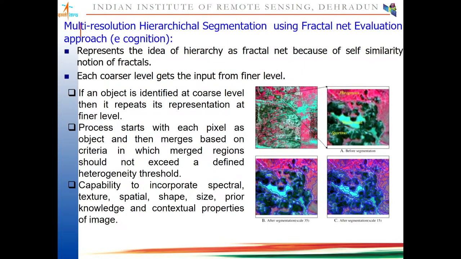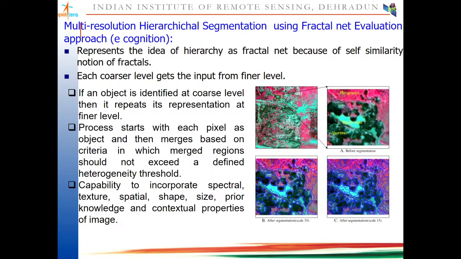Now the multi-resolution hierarchical segmentation, this is the example taken from the logic or algorithm that is implemented in the eCognition software. The hierarchical segmentation using fractal net evaluation approach.